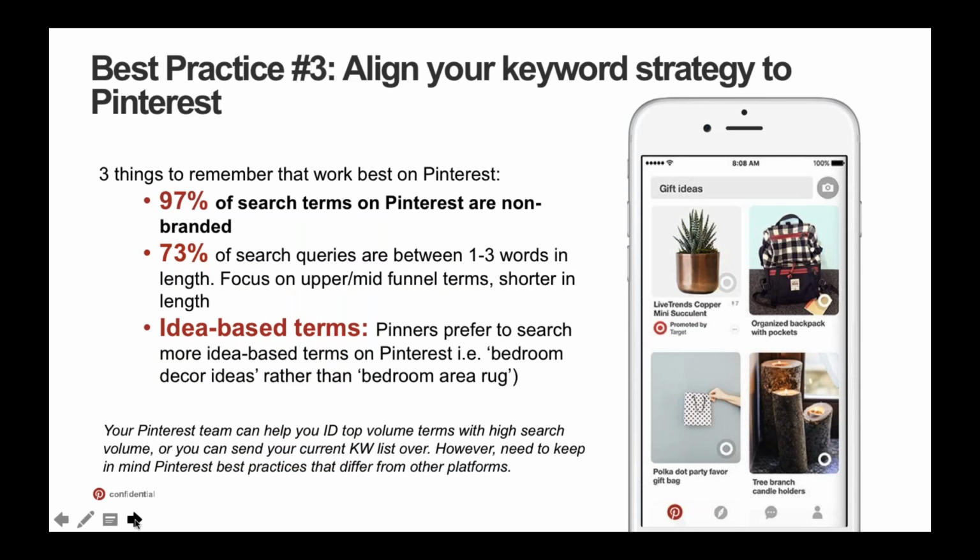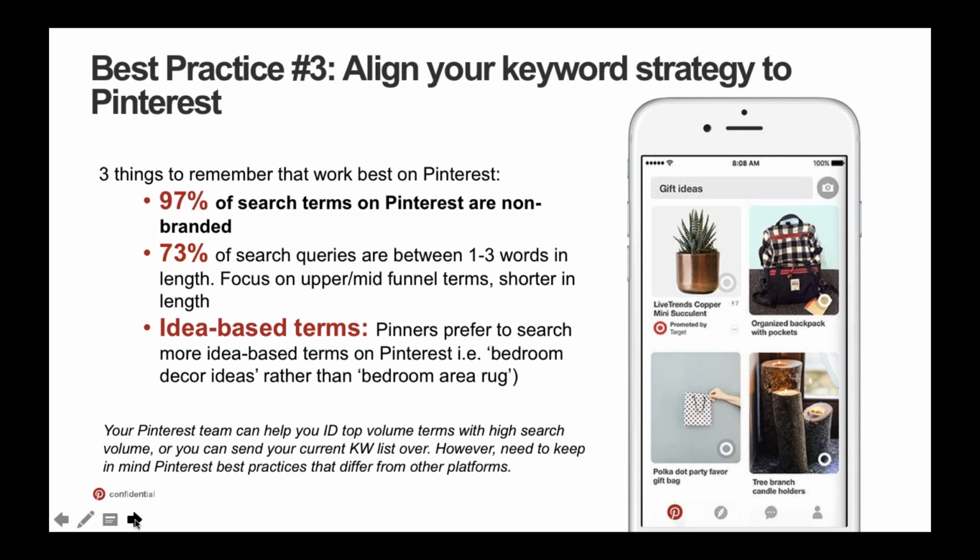Pinterest also requires a slightly different keyword strategy than most traditional search engines. Something to remember here is that 97% of the volume of search terms on Pinterest are non-branded. This is a huge number. Certain brands are definitely stronger on Pinterest and have a really strong presence.